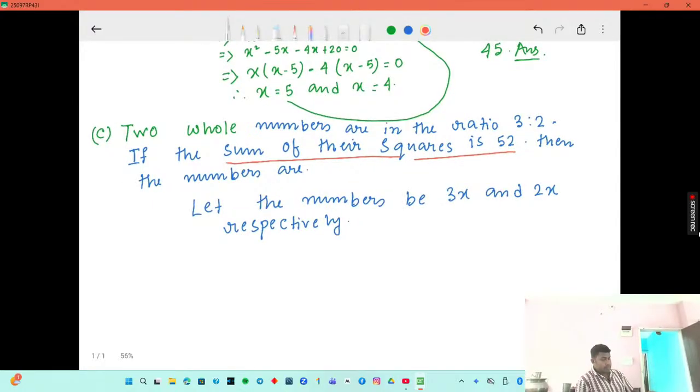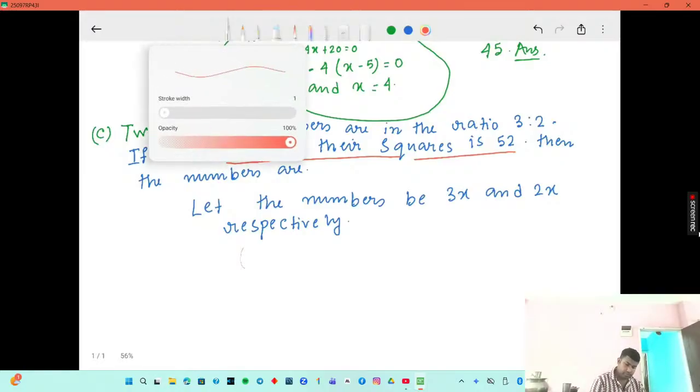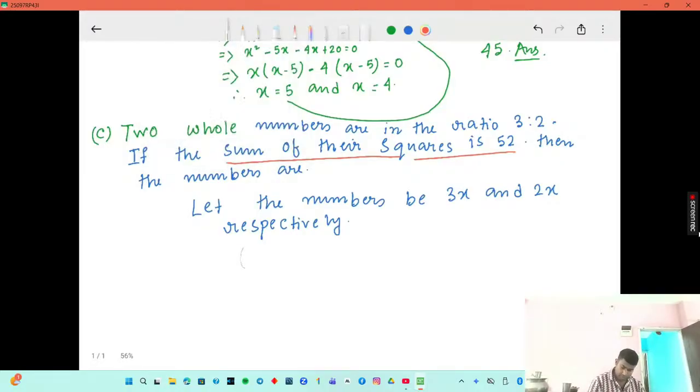Therefore, here we can write (3x) whole square plus (2x) whole square is equal to 52.